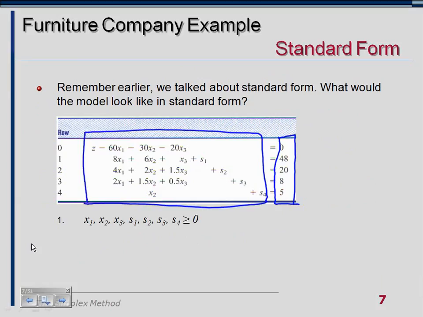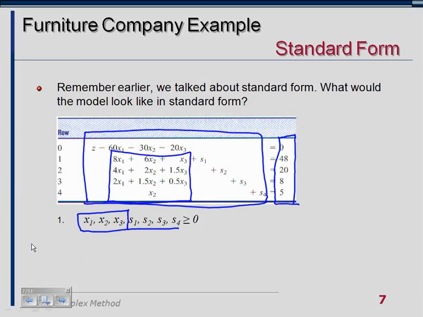So, how many total variables do I have? I have 7, right? 7 total variables. How many decision variables do I have? I have 3, all right? How many equations do I have? I have 4, okay?